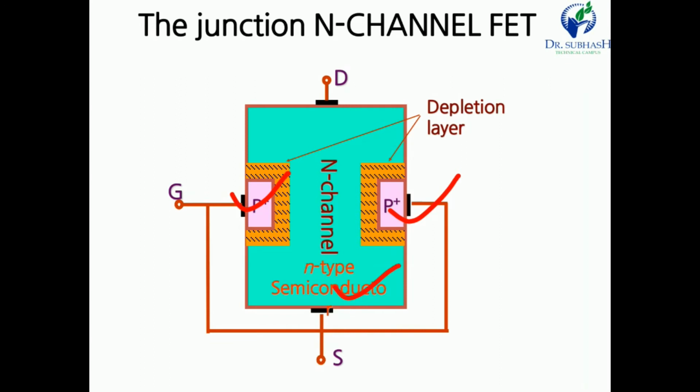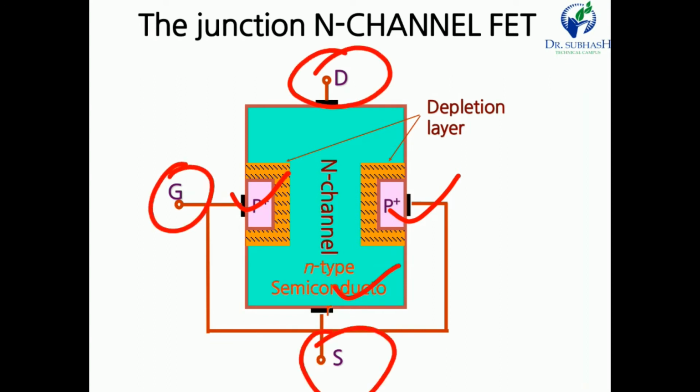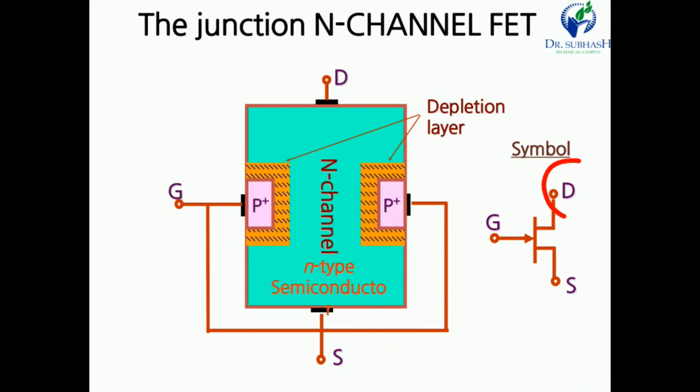The first terminal is drain, then gate and source. The connection is like this. So we can say that the FET is a three terminal device: drain, gate and source. And this is the symbol of the JFET. Here the arrow is inside, the drain is the upper terminal and the lower terminal is the source.